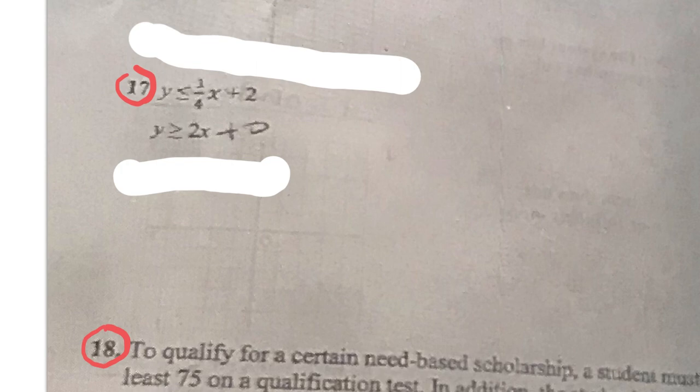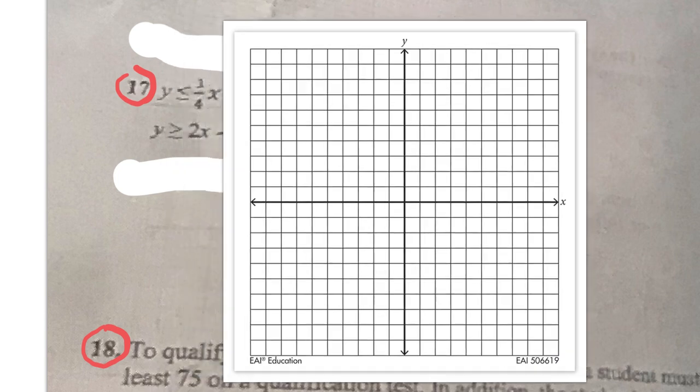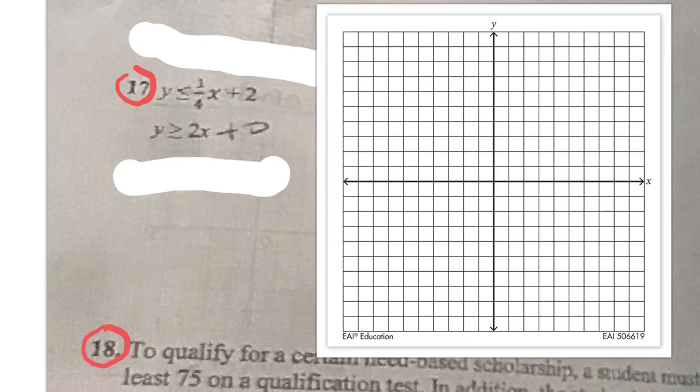Okay, looking at problem number 17, sort of a similar situation, right? Let's get this ready. So, when it comes to the first one, we know they're both going to be solid lines, first of all, because there's an underline underneath the inequality symbol. So this one has that y-intercept of 2.